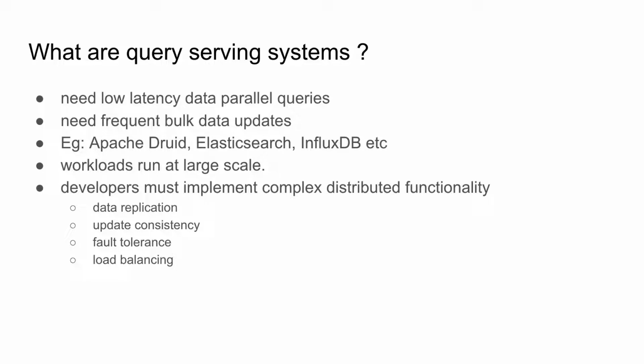Examples out there are Apache Druid, Elasticsearch, InfluxDB, etc. Their workloads run at a very large scale, and developers must implement complex distributed functionality in them, like data replication, update consistency, fault tolerance, and load balancing.